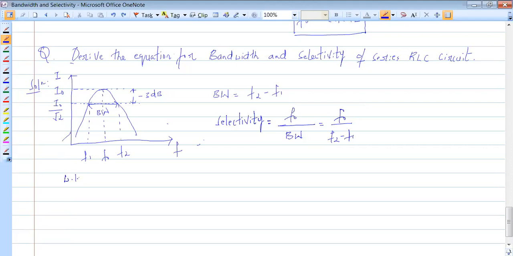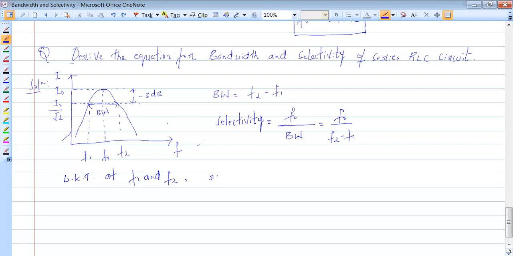We know that, everybody, I hope you're copying. We know that at F1 and F2 the reactive part is equal to the resistive part of the circuit.